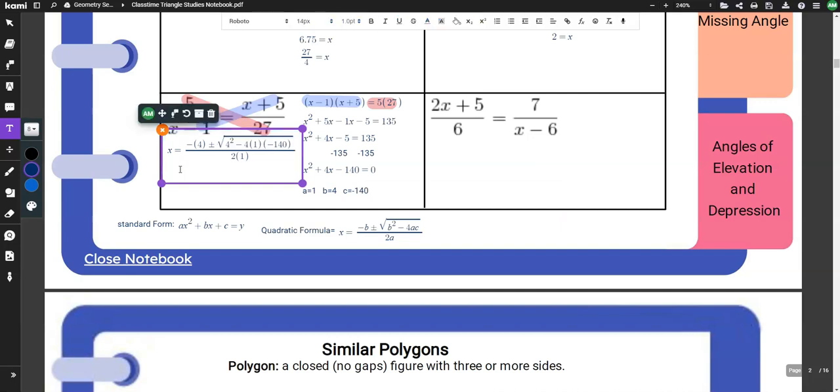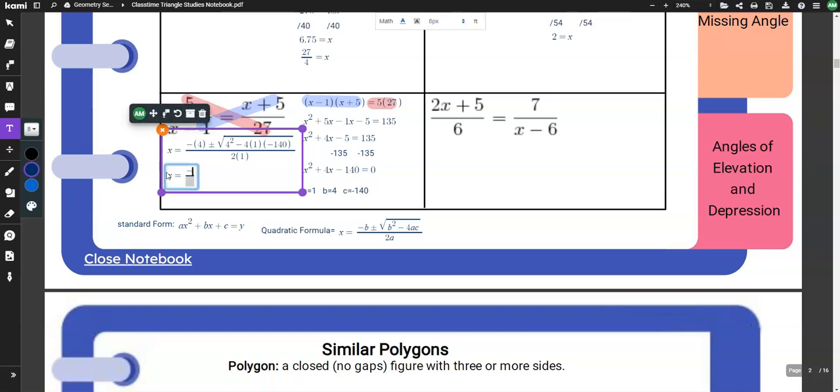So I'm going to break down the next part of this equation into two parts. So I'm going to break down the plus or minus. So we're going to have x is equal to negative 4, and I'm going to start with minus because I want the lower number first, 24 over 2. And the other answer is going to be negative 4 plus 24 over 2.